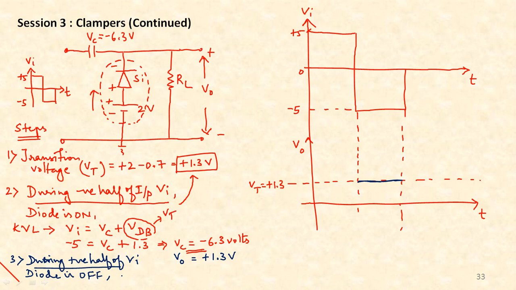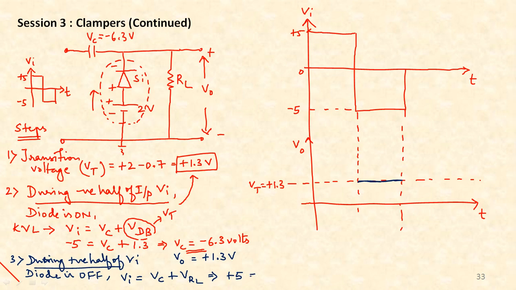So again applying KVL, what do I get? Vi is equal to the voltage that is already stored in the capacitor plus the voltage drop across the load resistor RL. So what is Vi then? Vi is plus 5 volts, because we are talking about the positive half cycle of input.